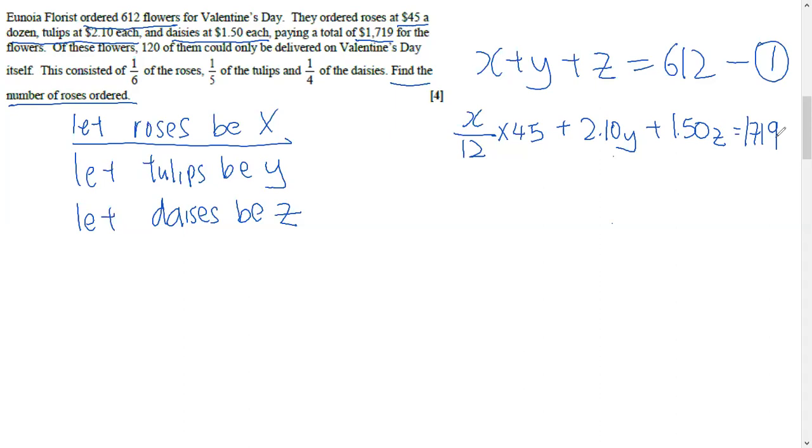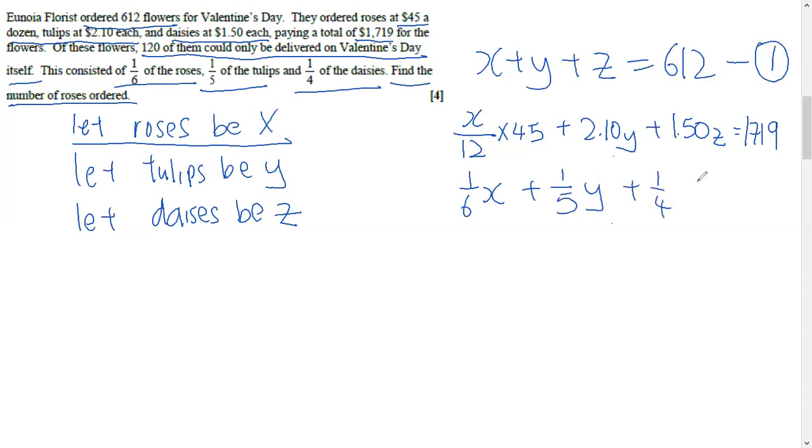So the last equation is the last piece of information. 120 of them could only be delivered on Valentine's Day itself. 1/6 of the roses, 1/5 of the tulips, and 1/4 of the daisies. So 1/6 of the roses plus 1/5 of the tulips plus 1/4 of the daisies will form the 120 that can only be delivered on Valentine's Day itself.